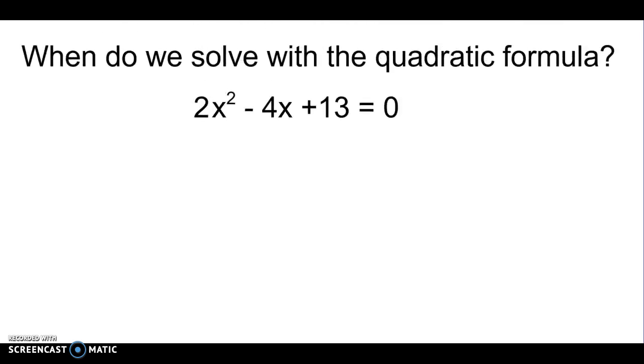But let's take a look at the one I have here. How do I factor something with 3 terms? Yeah, a times c, bottoms up. So what is 2 times 13? Okay, find the factors of 26 that add up to negative 4.